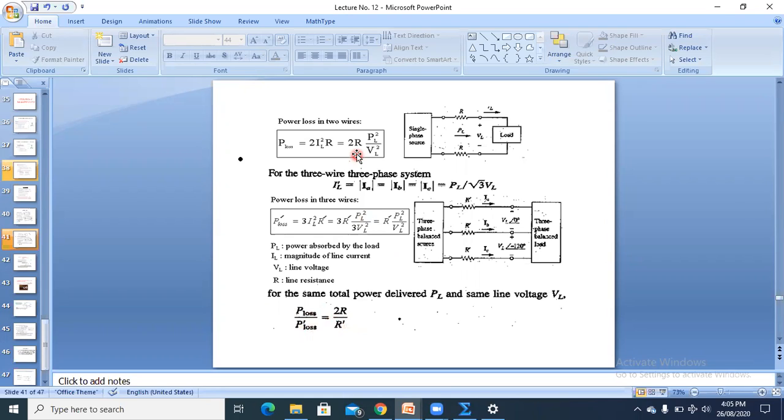Because we have here 2R PL square over VL square, and here we have R dash PL square over VL square, so this PL square over VL square is cancelled, and the power loss in a 2-wire system is in fact twice the value of the resistance as compared to the value of resistance in a 3-phase network.